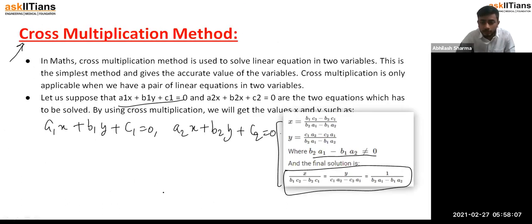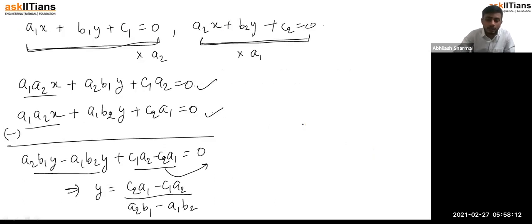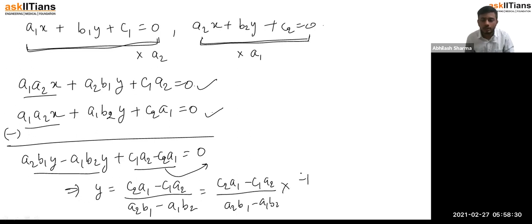And here we have written y as C1A2 minus C2A1, but we are getting C2A1 minus C1A2, but they both are equal. The reason is that if you multiply both numerator and denominator by minus 1, let's see what we are getting. We can write this as A2B1 minus A1B2 into minus 1 upon minus 1.